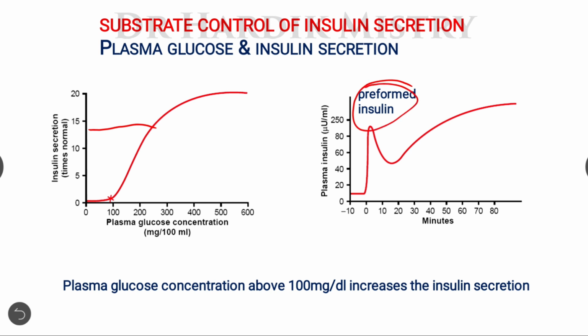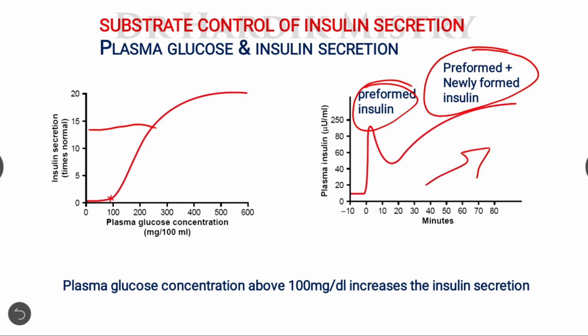Once the preformed insulin concentration has been reduced inside the beta cells of the islets of Langerhans, new synthesis of insulin takes place inside the beta cell, and gradually the insulin level increases, as both the preformed and newly formed insulin are released. After 30 minutes, the release of newly formed insulin increases. So plasma glucose concentration above 100 milligram per dl increases insulin secretion, as we just went through.